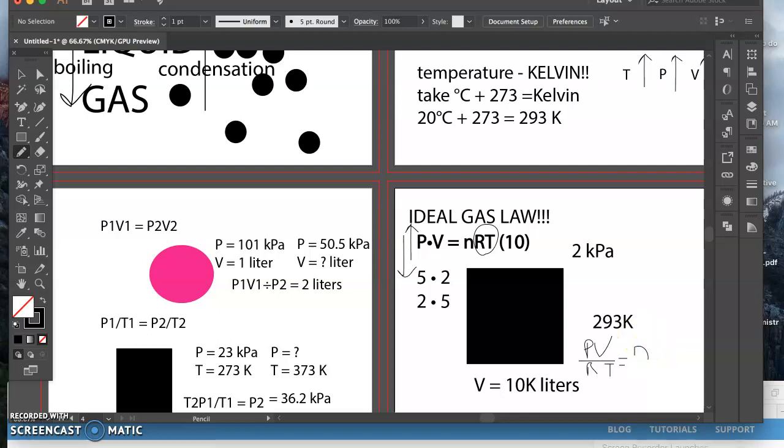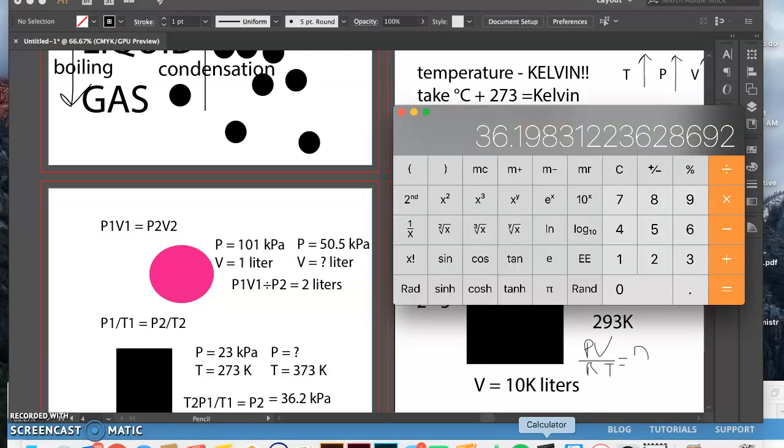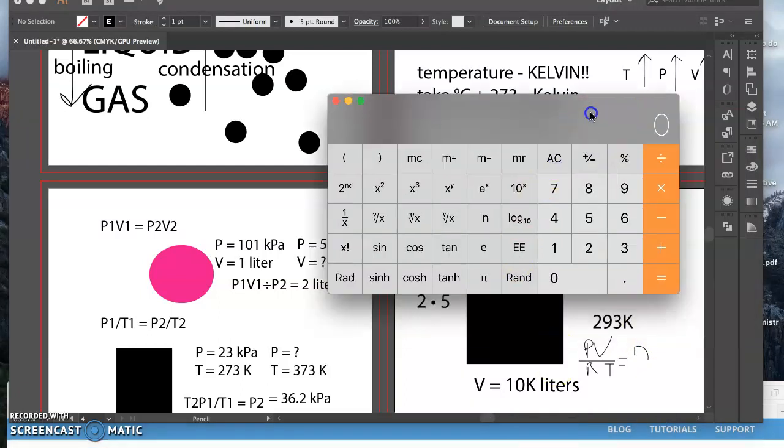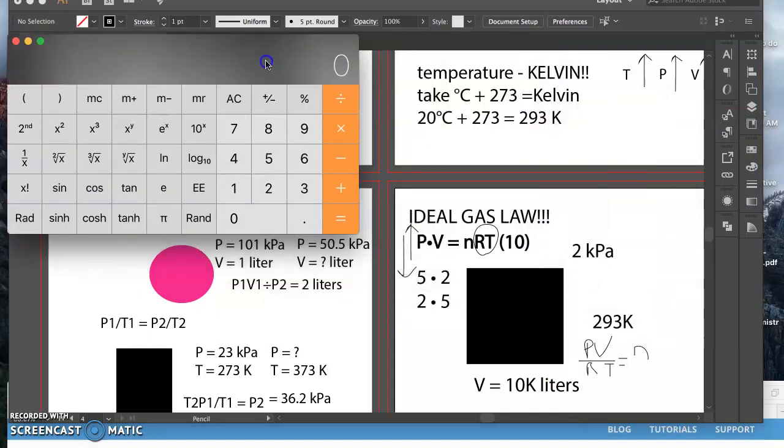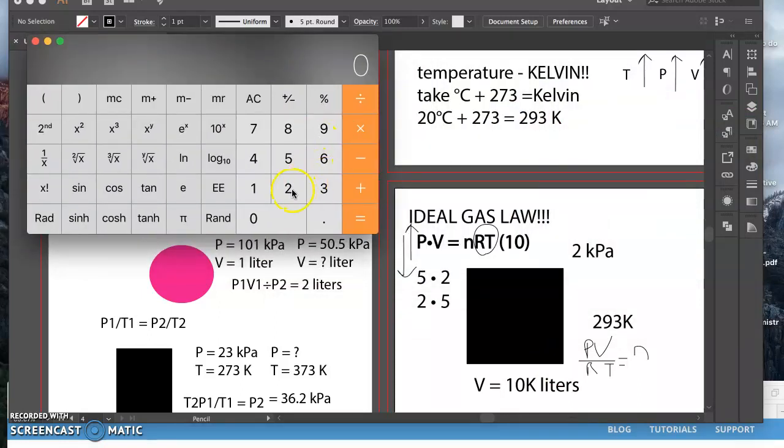All right, let's get out our calculator. So the pressure in the room is 2 kPa, and then the volume is 10,000. Okay, so we have 20,000 on the top, and then the bottom we have R and T. So I'm going to store this in our memory.